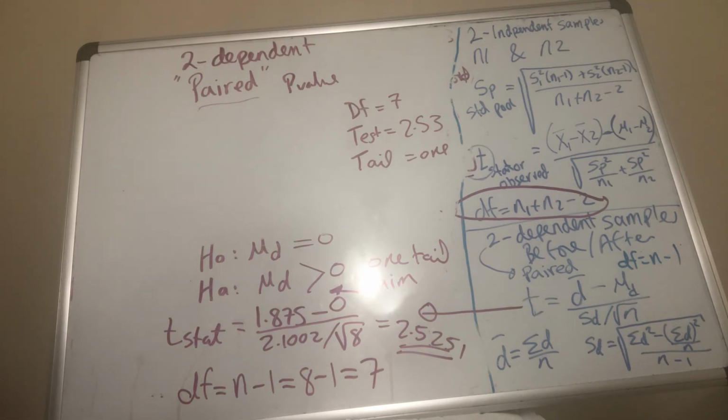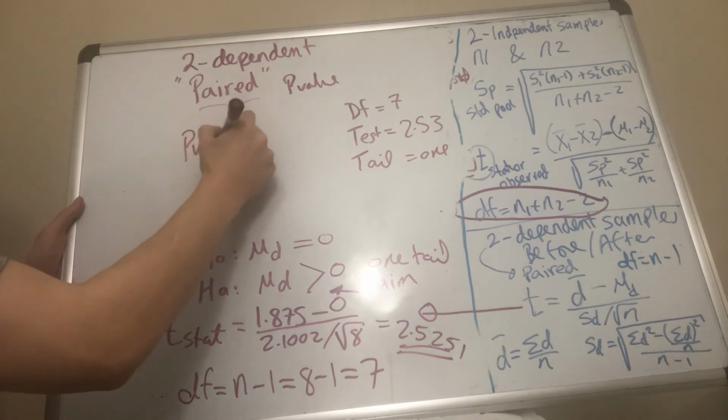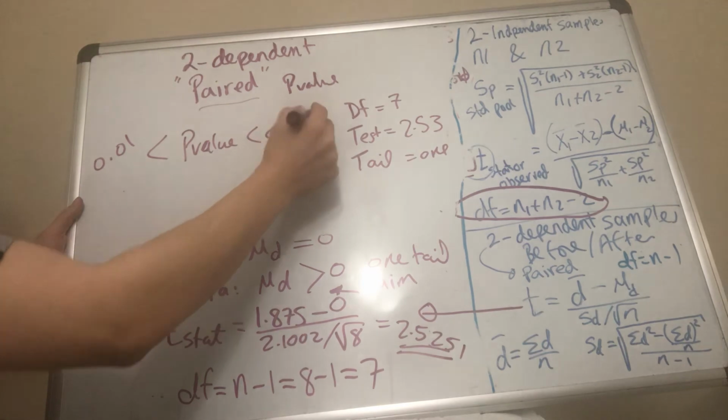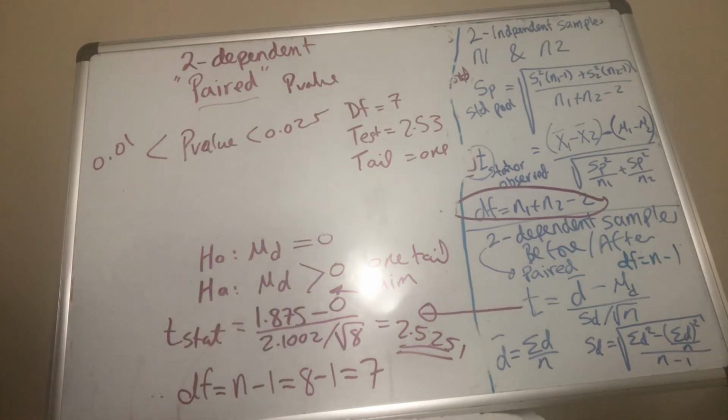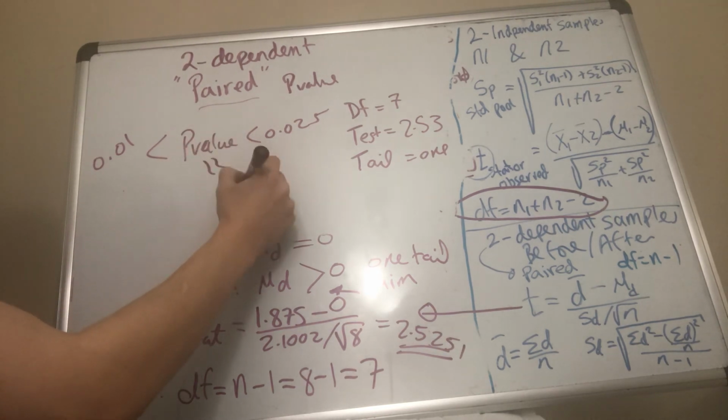You'll see that your number 2.53 is between 2.3 and 2.9. In fact, with the degrees of freedom, you go up to the one tail. You're somewhere between 1% and 2.5%. But again, they want the exact number, so go to that website that I told you and get the exact number, but it should be very close to 2%.